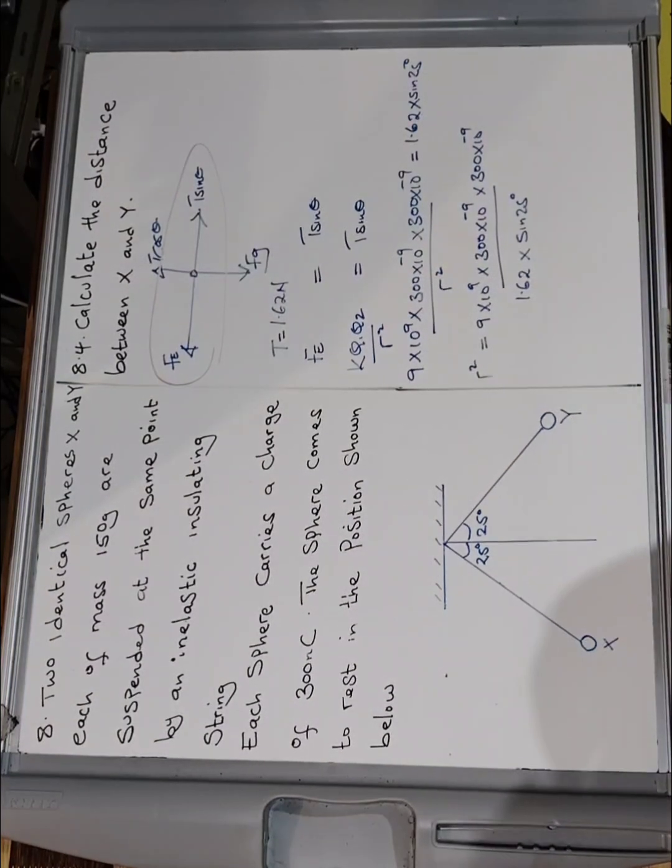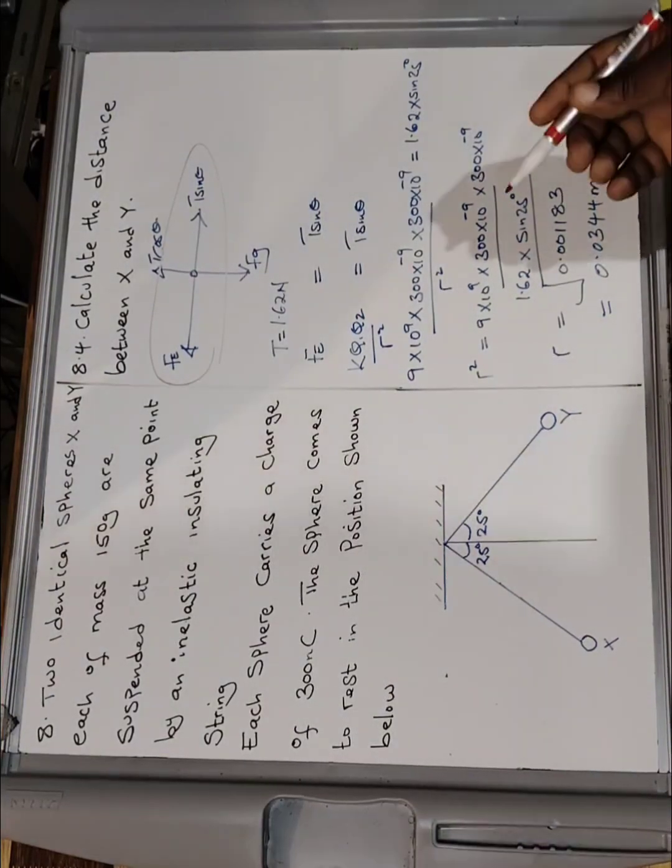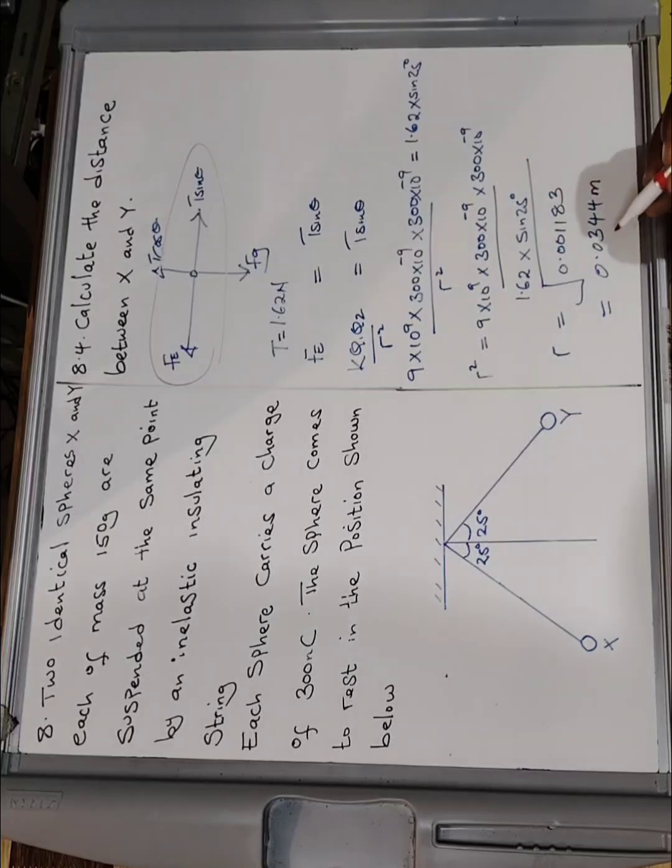After rearrangement, this is what we get. Now we find the square root of both sides, and we are going to end up with our r. Let us do that. After rearrangement and the computation, we get our r as 0.0344 meters.